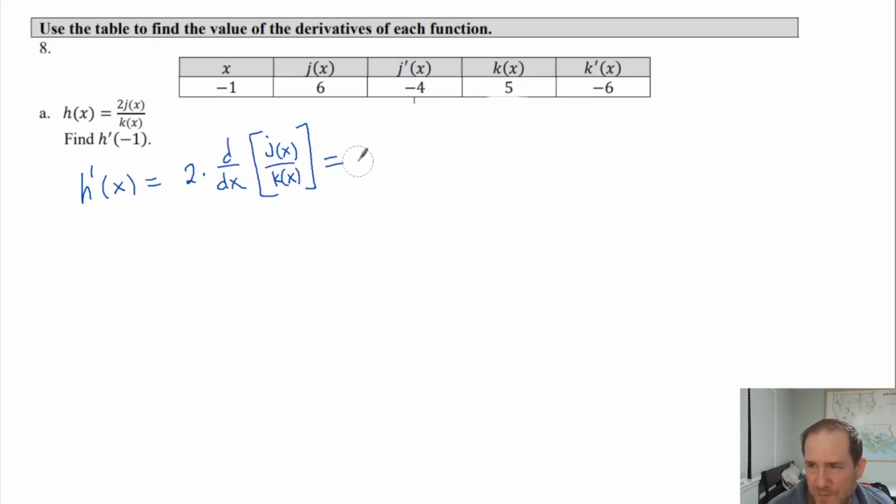It's just kind of straight up normal quotient rule. So we'll have this 2, and then quotient rule says do the derivative of j, multiply it by k, then subtract from that j times the derivative of k, then divide that whole mess by k squared.